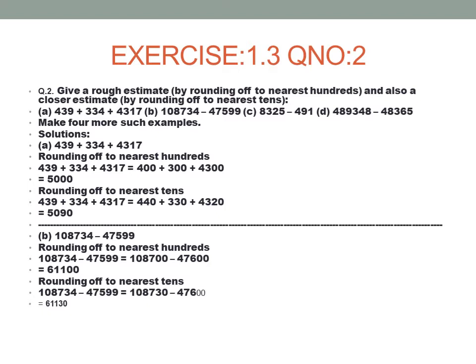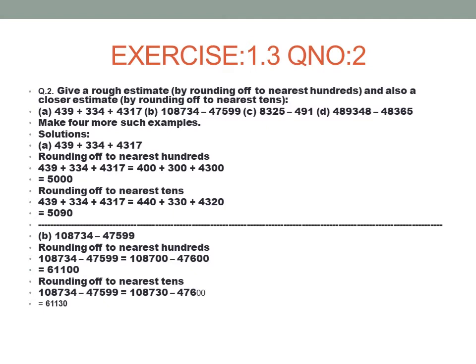Similarly, 4317. So, we have to consider only 317. Don't touch this 4000 digit. They are not asking for the 1000, so we will not touch this 4. Only 317. 317 is near to 300.